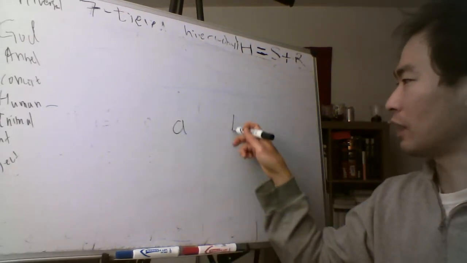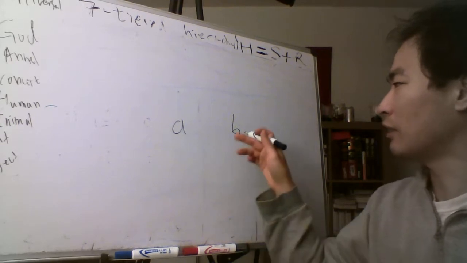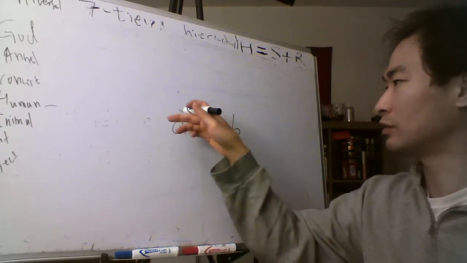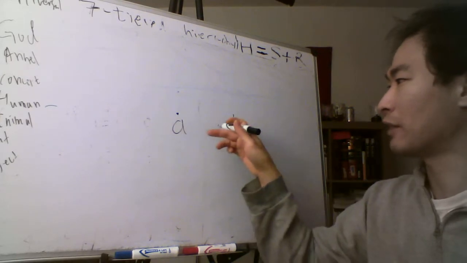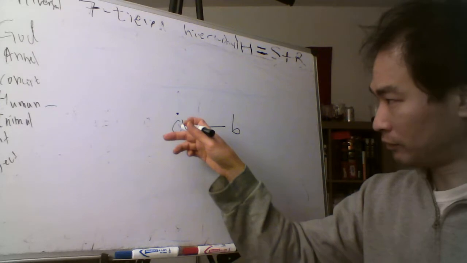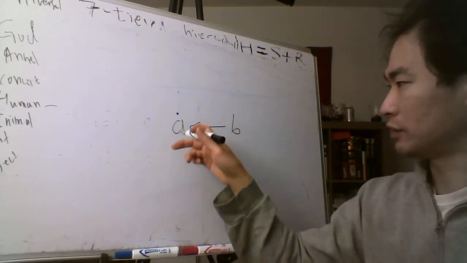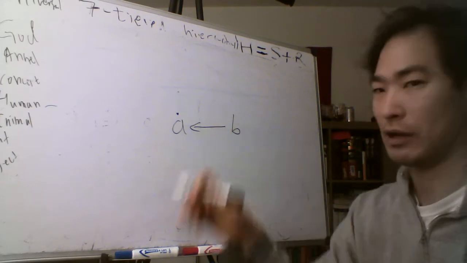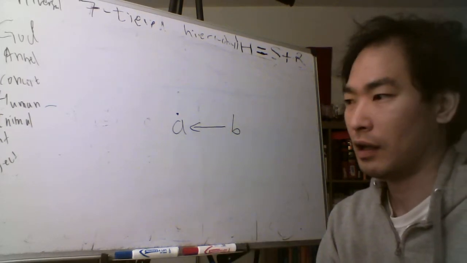Let's say A and B, okay? And there's the baby. Baby has no idea who he is, but probably baby recognizes his mother, okay? So mother knows who she is, but baby does not know who he is, okay? But baby recognizes the mother, okay?